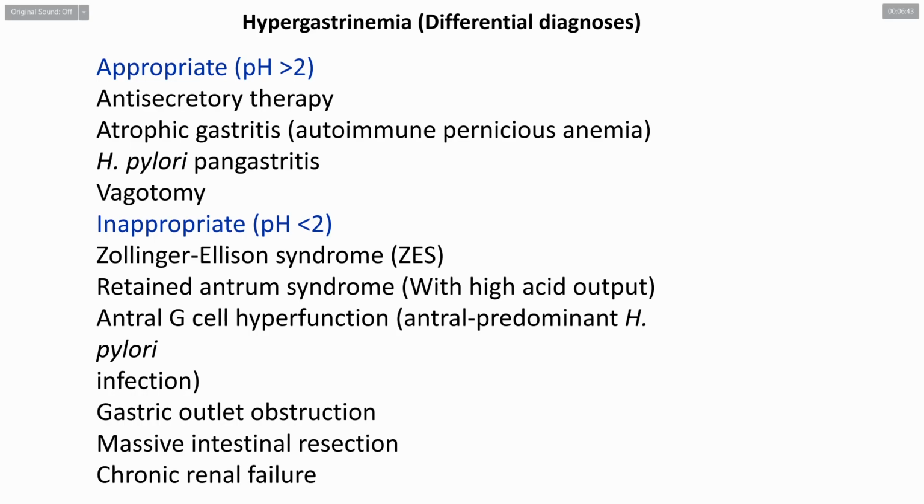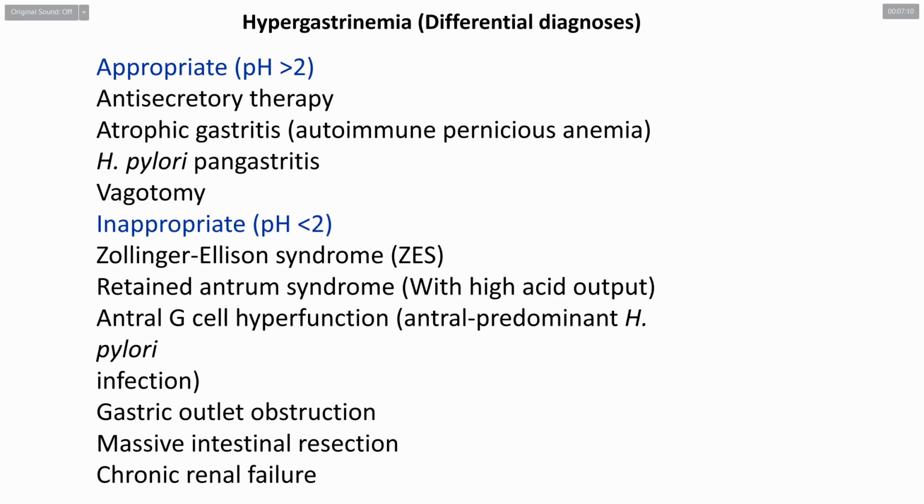On the parietal cell. على ايش؟ على HK ATPase pump. صح؟ Yes, صح. So if you're taking PPI, you're preventing that pump from secreting acid into the lumen. فما عندك acid. شو بصير بالgastrin? It will rise, trying to push more acid out because it has lost its negative feedback.